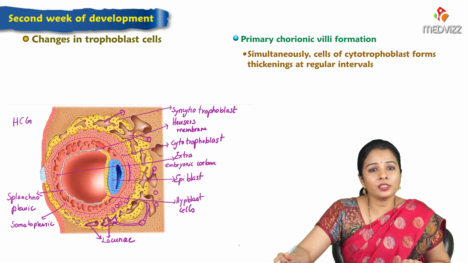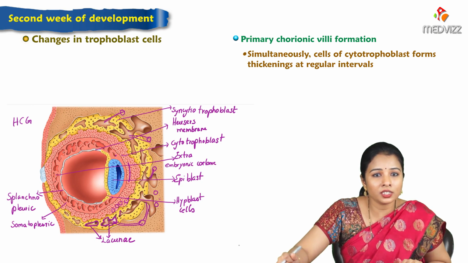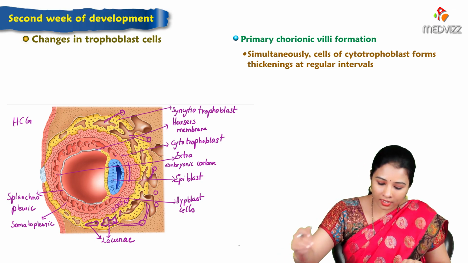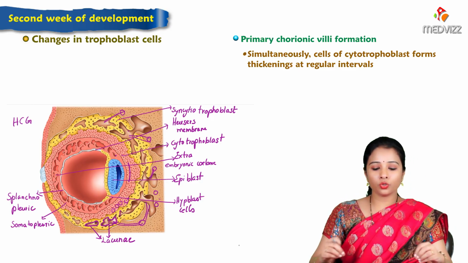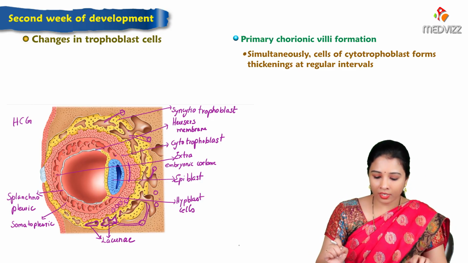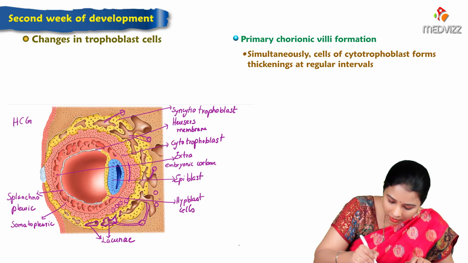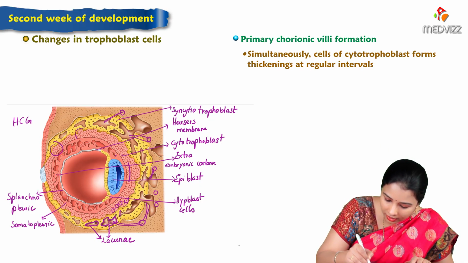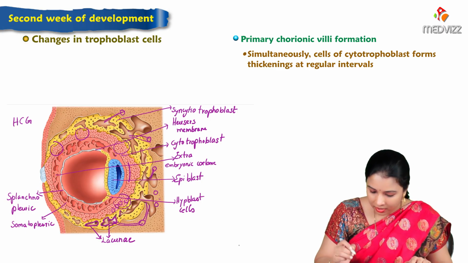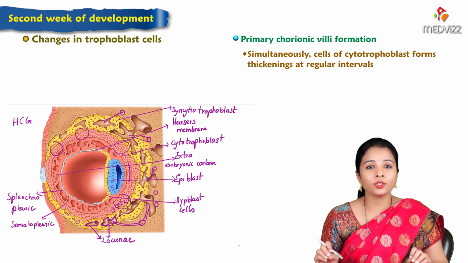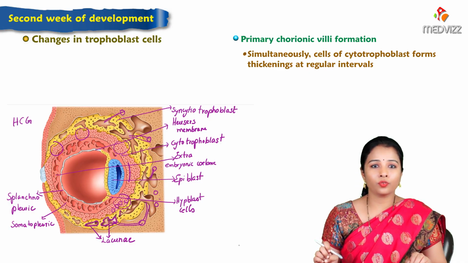So simultaneously what happens? The cells of the cytotrophoblast form a thickening at triangular intervals. So you can see here the cytotrophoblast is not of uniform thickness all around the developing embryo, and we can see the thickenings at each level. So this cytotrophoblast starts thickening, invading into the syncytiotrophoblast.